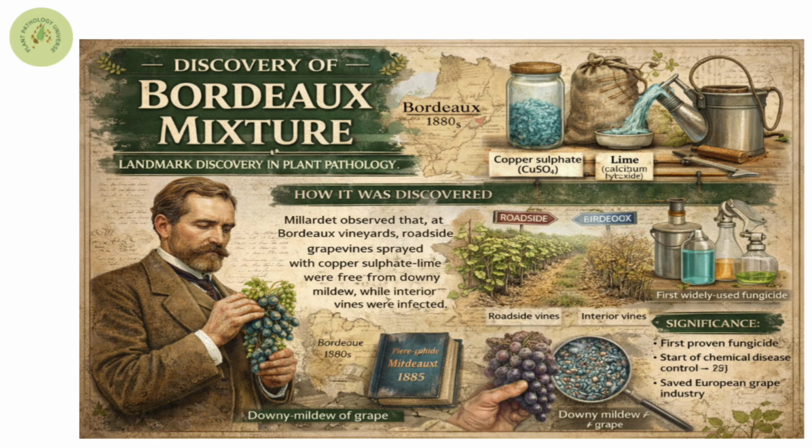This observation triggered his mind, and that's how he prepared this compound in different proportions, and later finalized the composition of 5:5:50, which proved to be a very effective bactericidal as well as fungicidal, and it was the first proven fungicide that started chemical disease management and thereby saved the European grape industry.